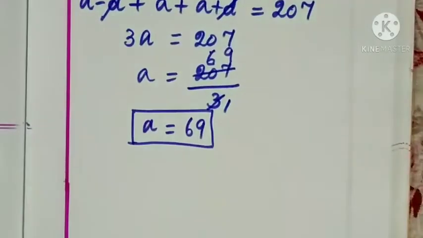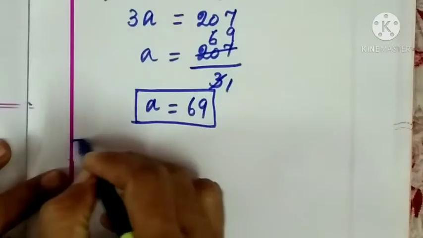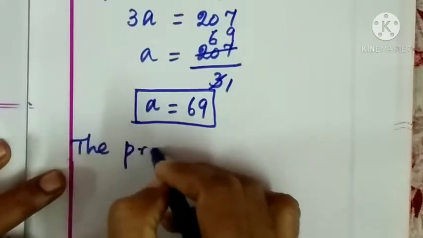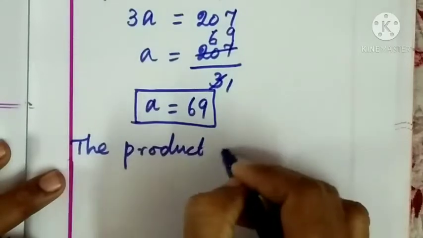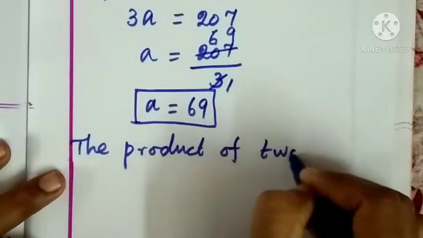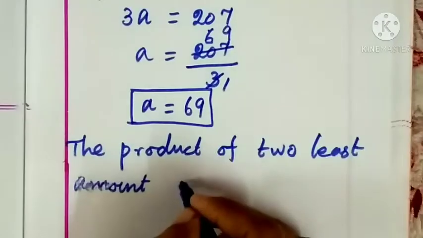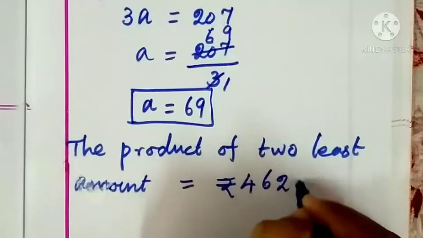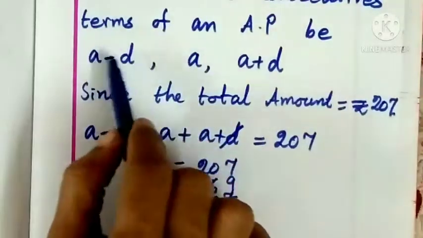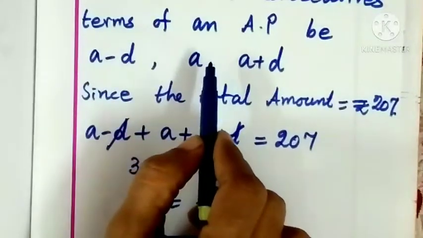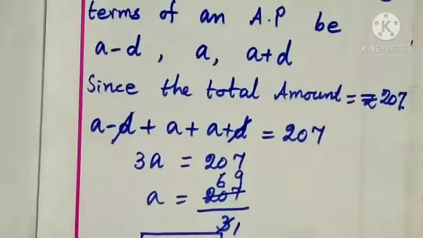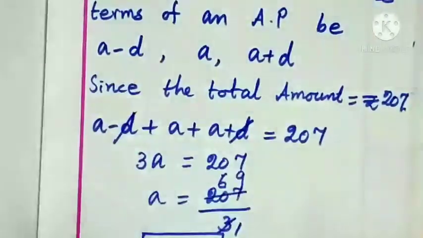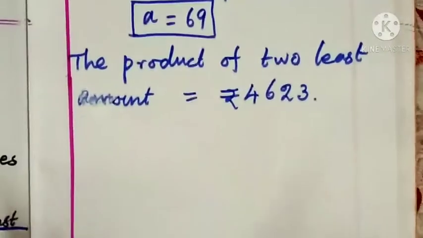Then, in the question next given, the product of two least amounts is equal to rupees 4,623. See, the first two terms are the least terms. So you have to multiply these two terms, and we get the given amount.